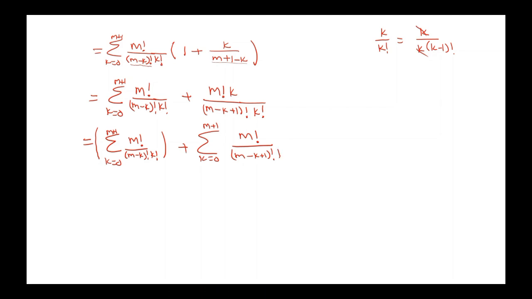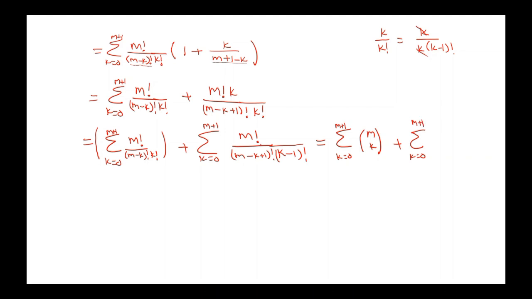multiplied by k minus 1 factorial, which you can then, this one you see that is then immediately the combination, right? So you can then say that you have m combination k plus the sum from 0 to m plus 1.